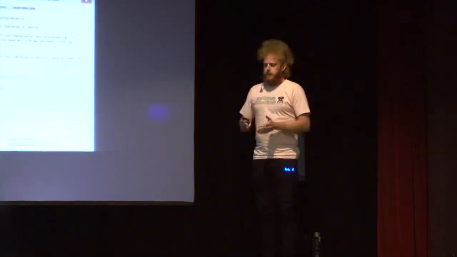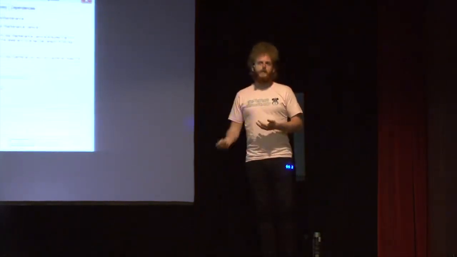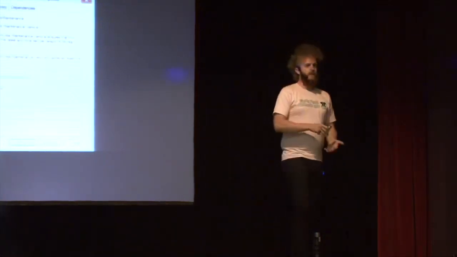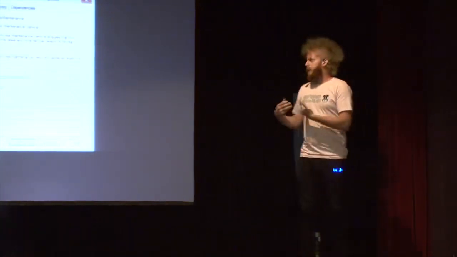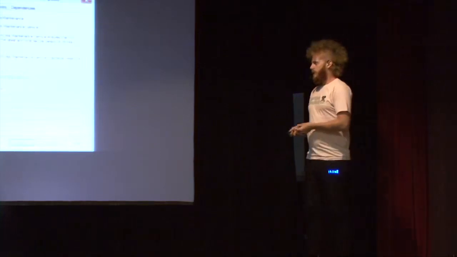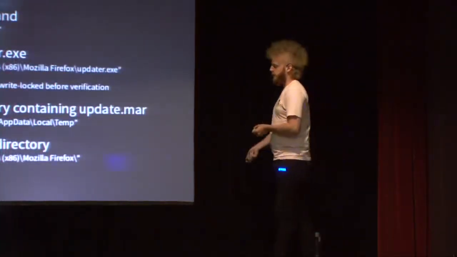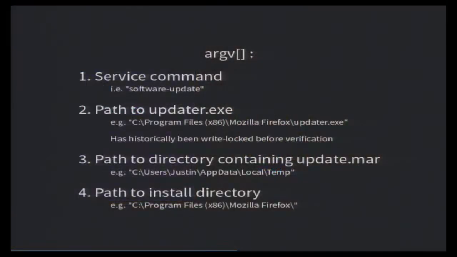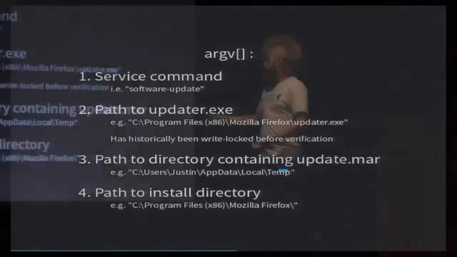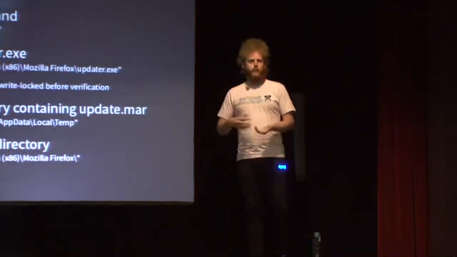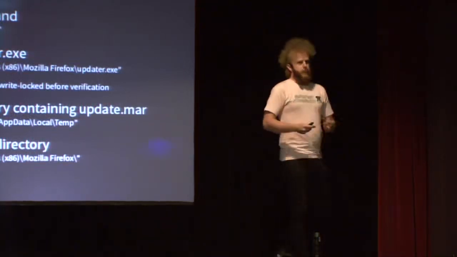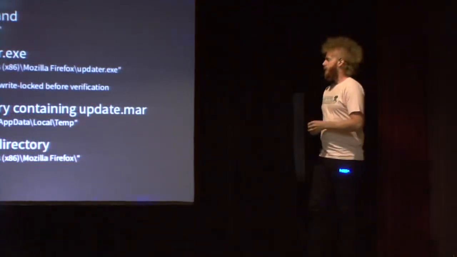This service is stopped, but it can be manually triggered by unprivileged code or userland code. The main reason this service is installed is so that Firefox itself can go, hey, maintenance service, wake up, there's stuff to do. So Firefox.exe, running as a non-admin user, can download what's called an update.mar file, which is a proprietary format that has the update for Firefox in it, or Thunderbird, works for both.